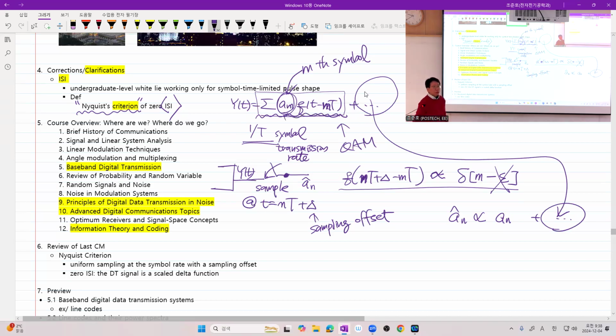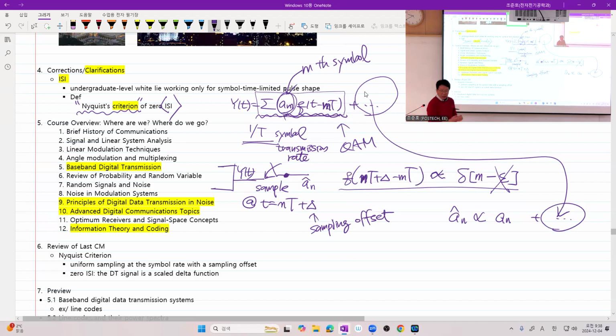So if there is no noise or interference, then you may recover a sub n without the effect of the symbols at other sampling instances, other time indices. This is Nyquist's definition of zero ISI.